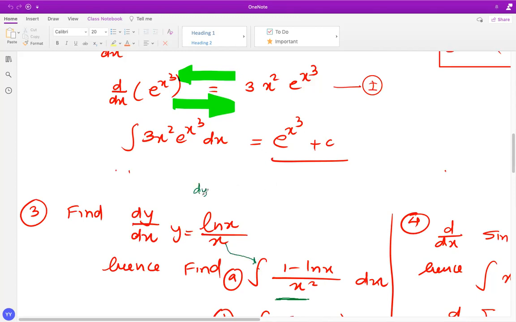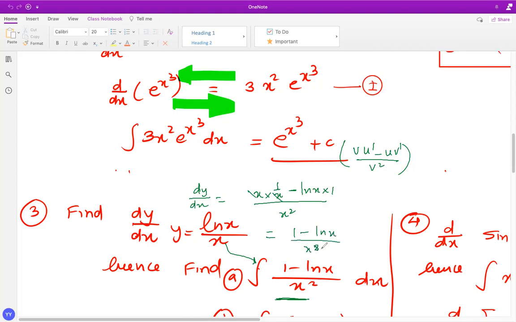So let's do the derivative. dy by dx, I'm applying the quotient rule, v u dash minus u v dash over v squared. So x times the derivative of ln x, which is 1 over x, minus ln x times 1. So this and this get cancelled, and what you get is 1 minus ln x over x squared.